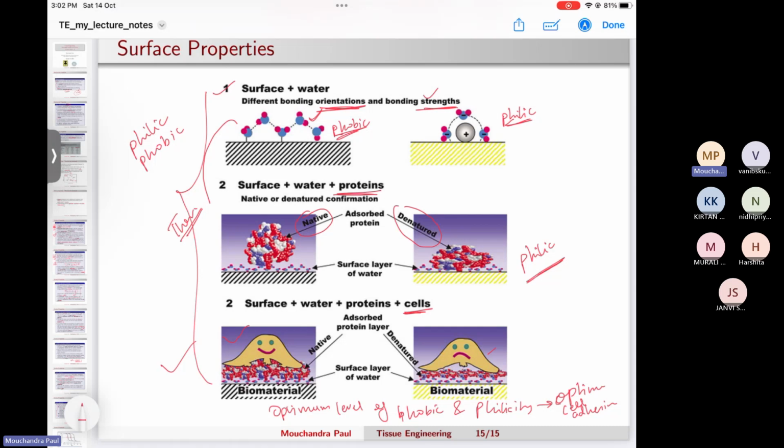On the other end, if the surface is highly hydrophilic, the protein won't be able to adhere because the net gain in the entropy of the system is very less. So we have to find a middle ground where the hydrophobicity level and the hydrophilicity level are optimum, so that the cells can adhere properly.